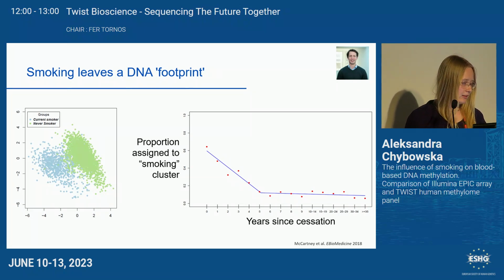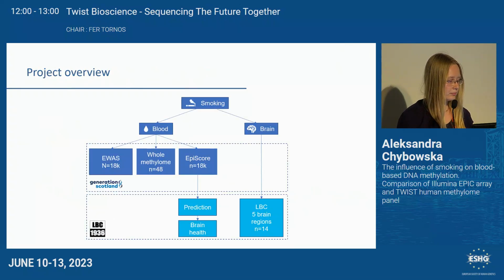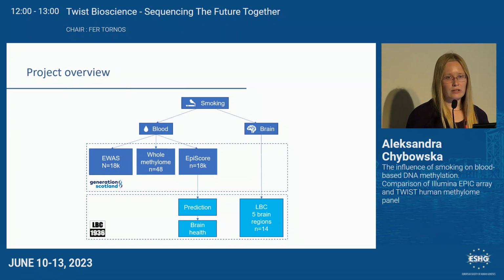And what he saw was not only that smoking leaves a DNA methylation footprint that can help us to distinguish smokers from never smokers, he also observed that the number of CpG modifications associated with smoking start to revert 5 years since smoking cessation. So in this project, I aim at building a stable and long-term biomarker of smoking.